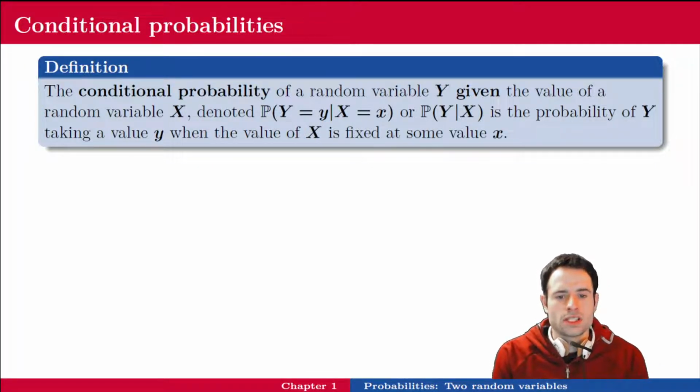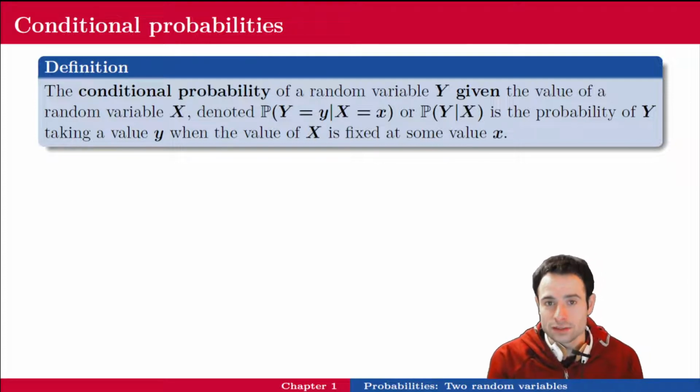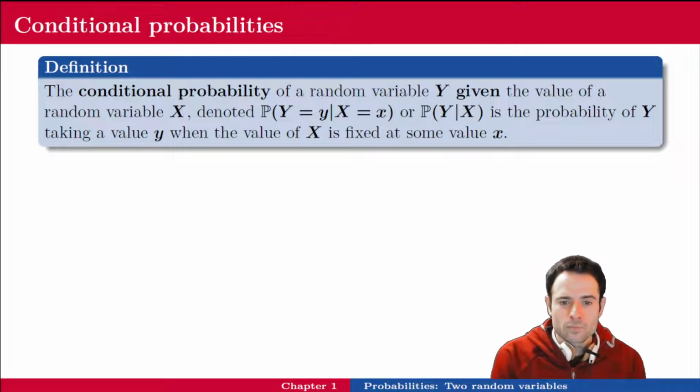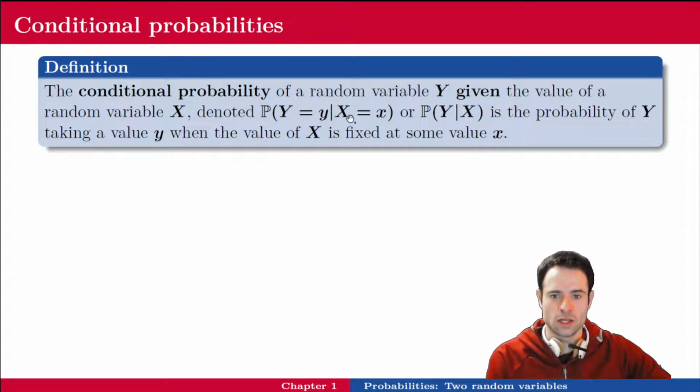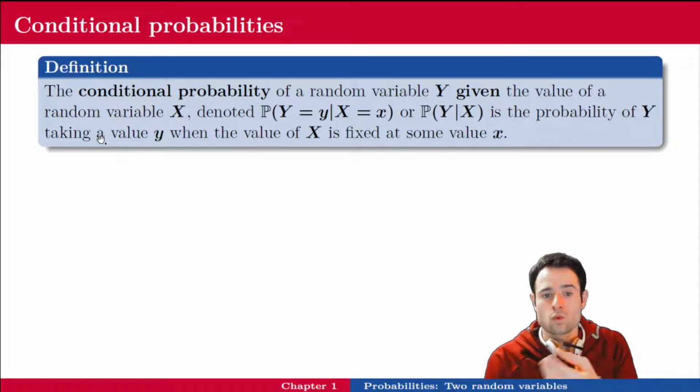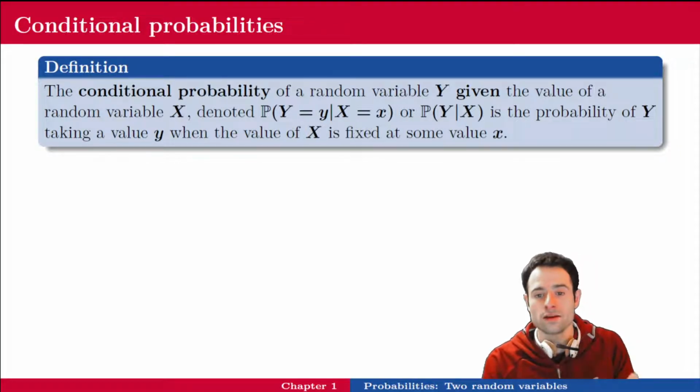The conditional probability of a random variable y given, note that given is highlighted, the value of a random variable x, which we denote the probability of y being equal to a certain number, given that x is already equal to a certain number, or we also write it p of y given x, is the probability of y taking a value small y, that's one possible realization, given that the value of x is fixed at some value small x. It might seem very abstract.